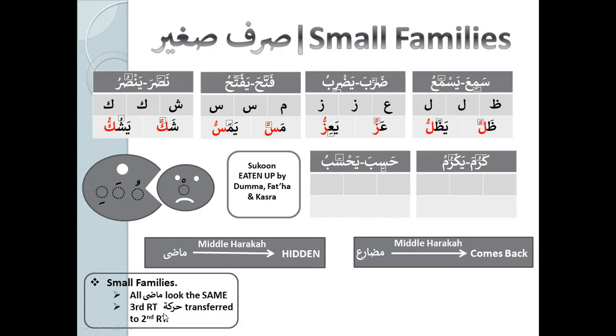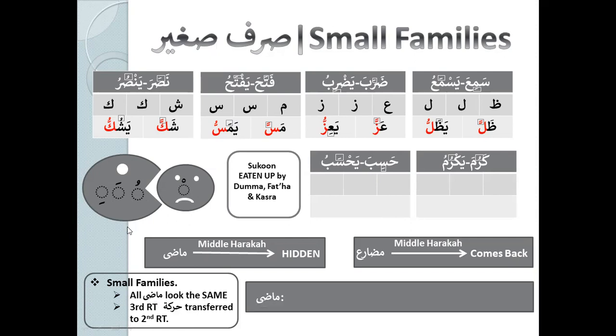And because that happens, in the Mudare also, the second root letter's haraka takes up the place of the first root letter, which was actually holding a sukoon on it. So sukoon, being weaker, gives up its place to the stronger haraka, which is dhamma, fatha, and kasra. In Madi, also remember that the Shadda letter, like I said, takes the haraka of the last letter.